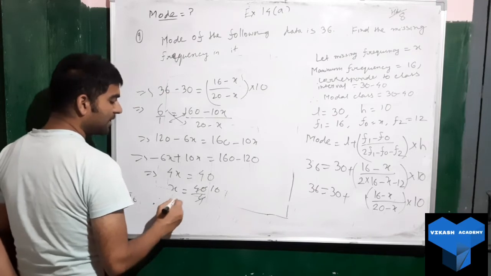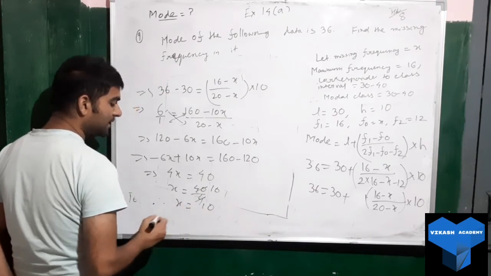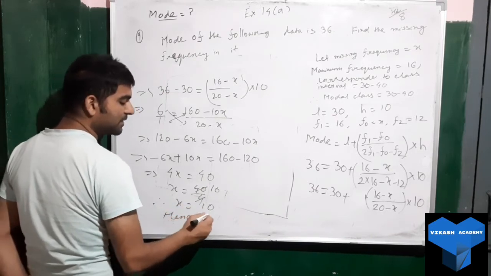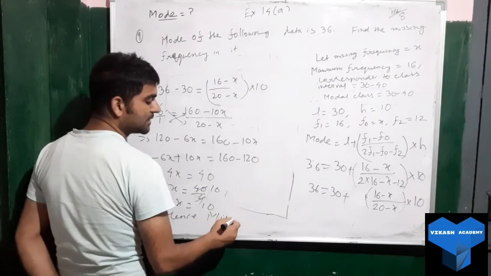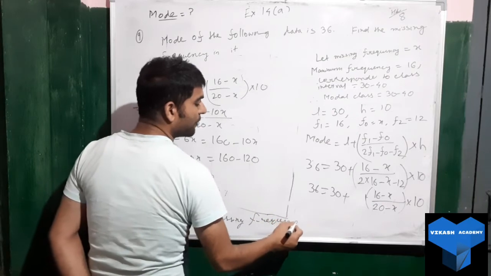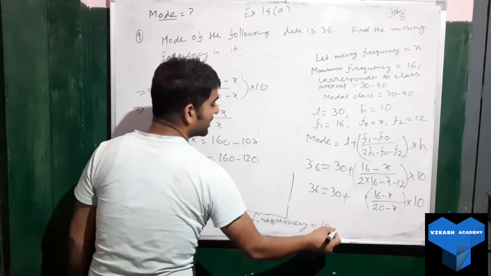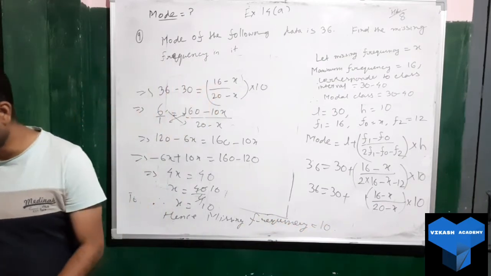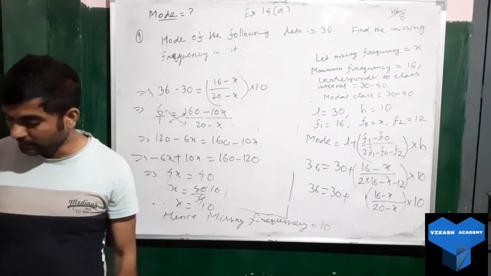So we are getting X equal to 10. Hence the missing frequency is equal to 10. Okay, the missing frequency we have obtained is 10. I hope you are clear till here.